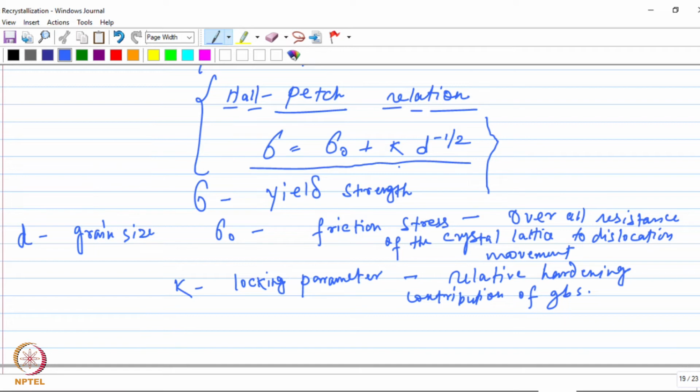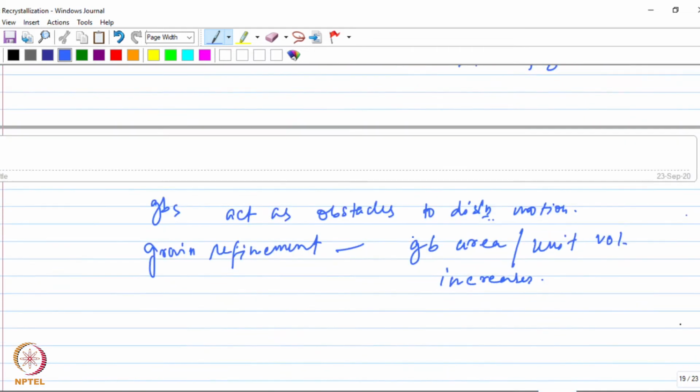So in order to do that, we need to consider some of the theories which were proposed to explain this phenomenon of grain refinement strengthening, particularly with regard to this Hall-Petch relationship. And one of them talks about pile-up of dislocations at the grain boundaries.